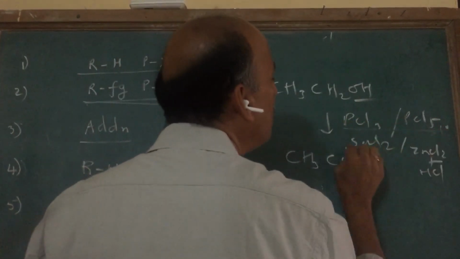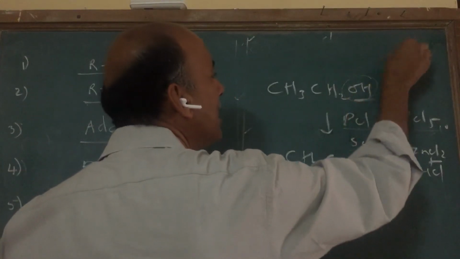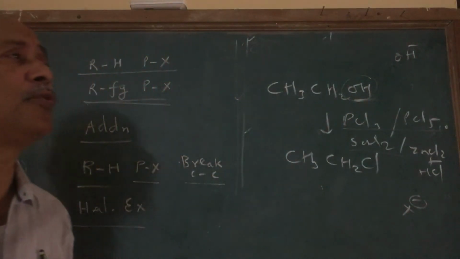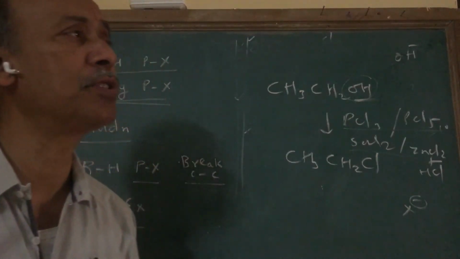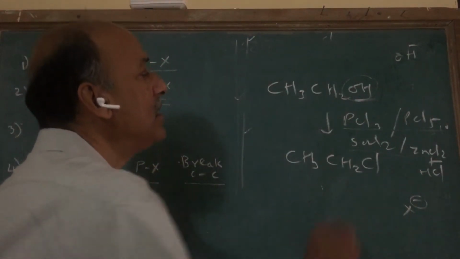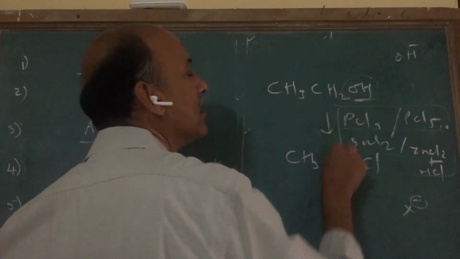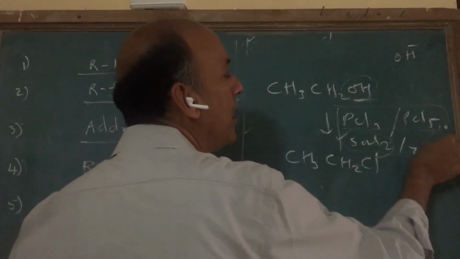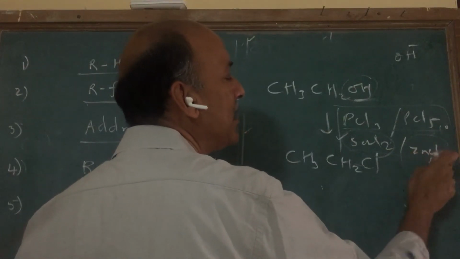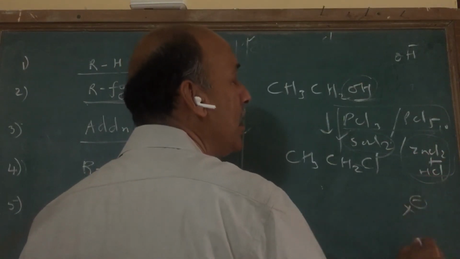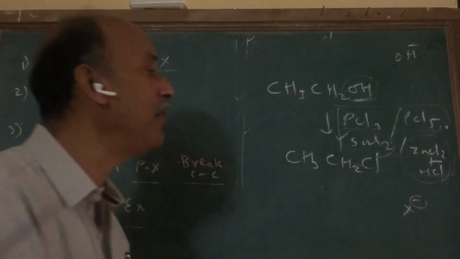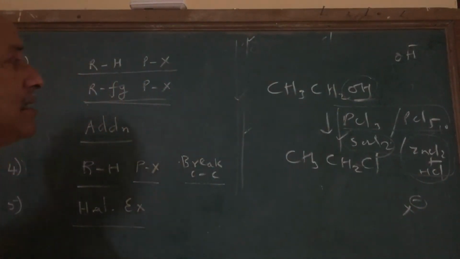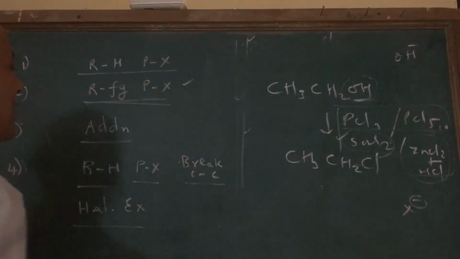All these, which are replacing OH minus with X minus, are called nucleophilic substitution reactions. And these are halogenating agents. Why is SOCl2 the best halogenating agent? What is the significance of this paste of ZnCl2 and HCl, that is Lucas reagent? We will see later on. But this is a method of replacing one functional group with halogen.